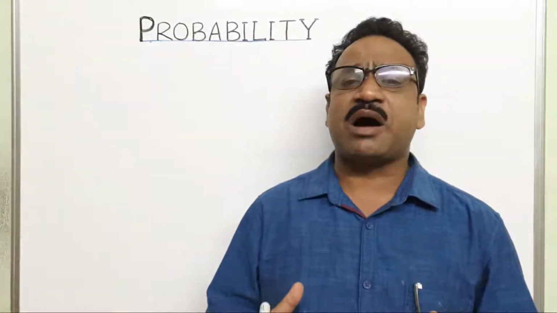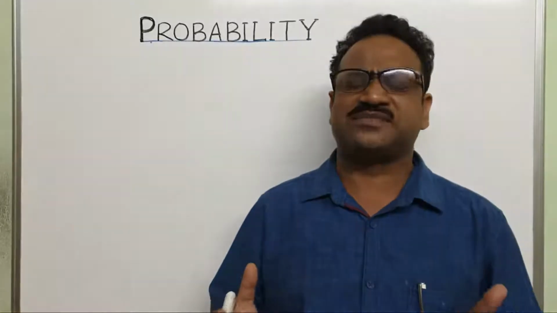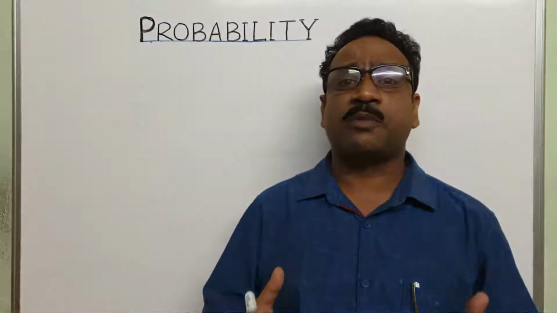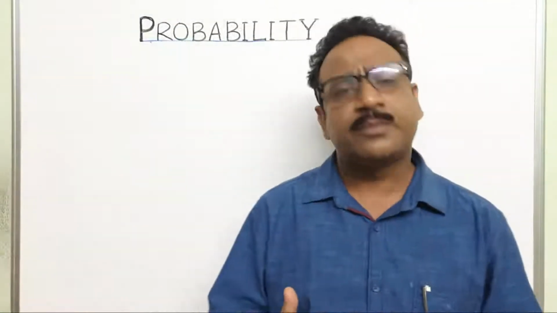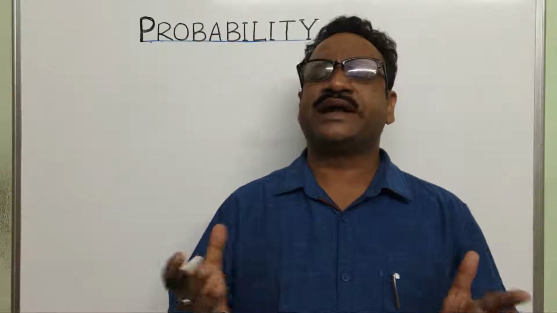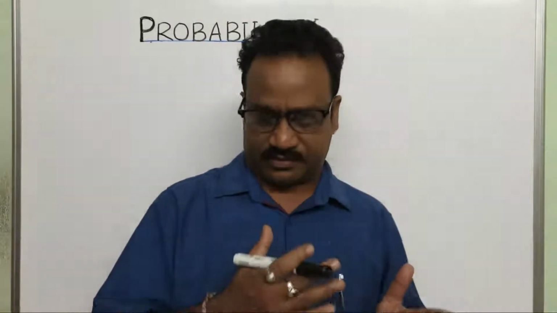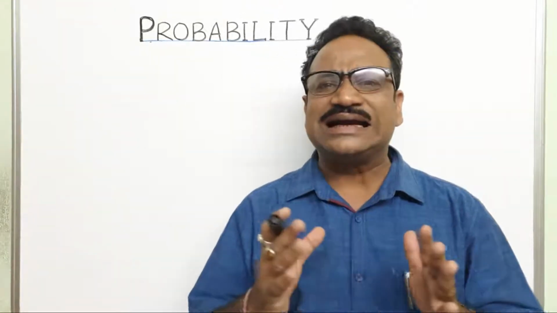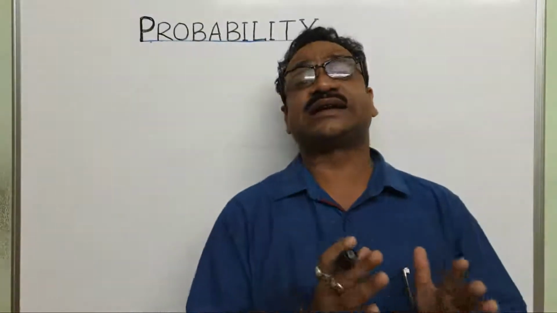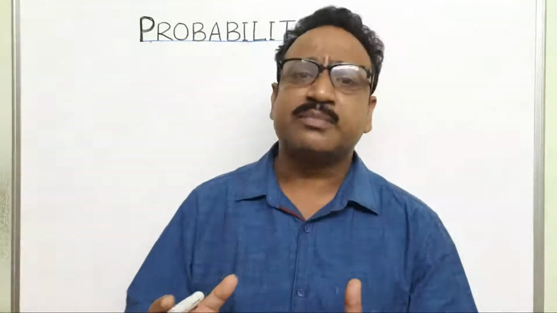When we are discussing probability, sometimes we may say probably it may rain, may occur, may not occur. Probably somebody may secure CGPA 10 in the coming board examinations. So, probability leads to uncertainty, may occur, may not occur.